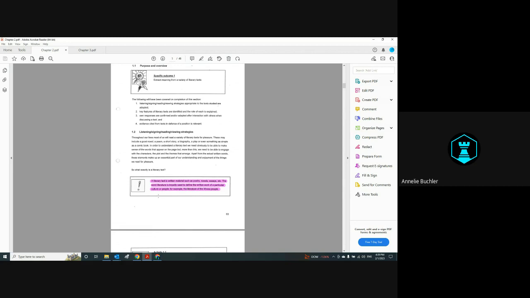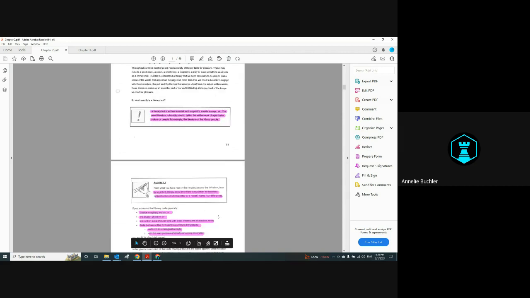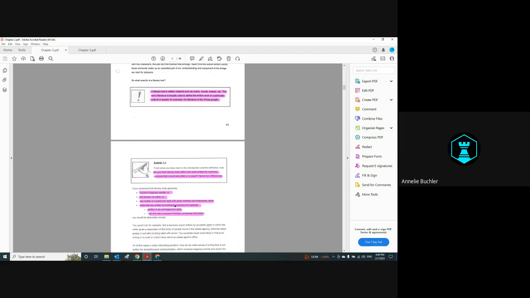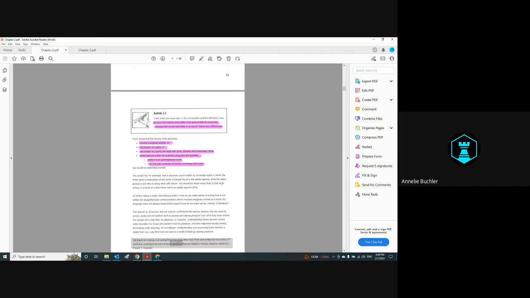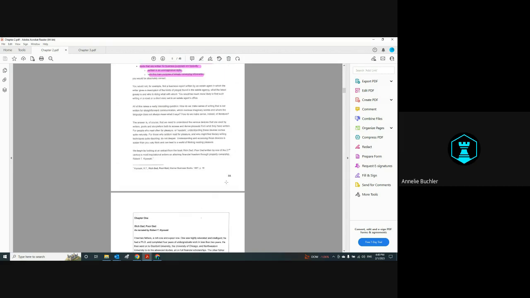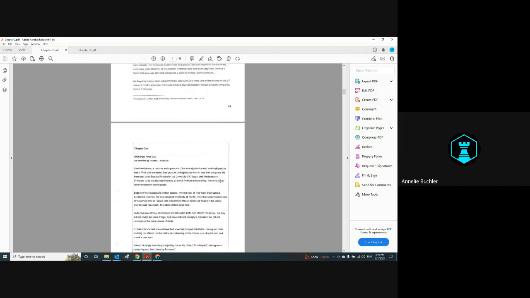It's broadly defined using written work of existing literature or culture or people. Now there's an activity: do you think you can use literary texts for business purposes? And you can write the differences. This is just an activity for you to do. I would suggest that you do it.